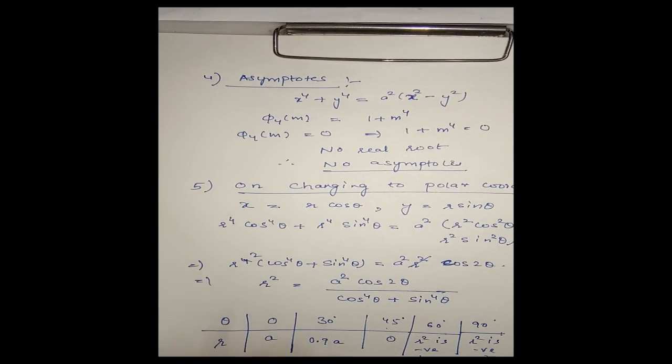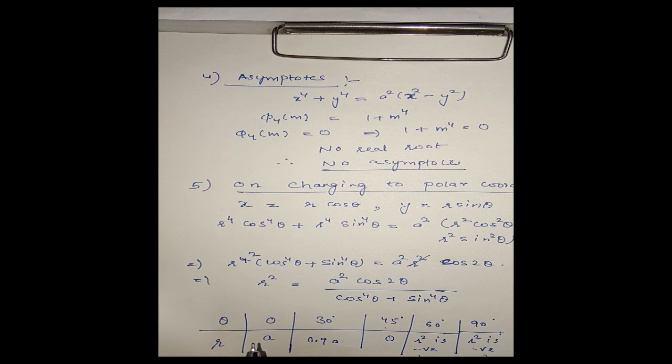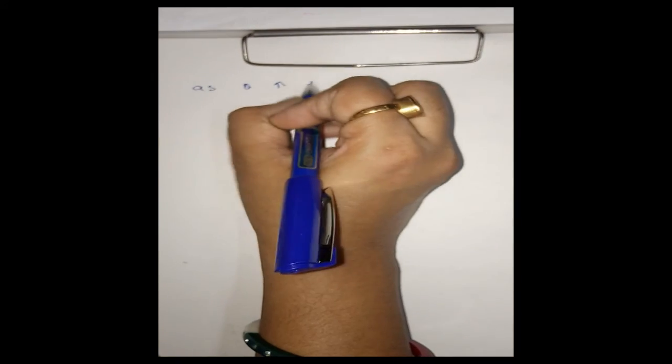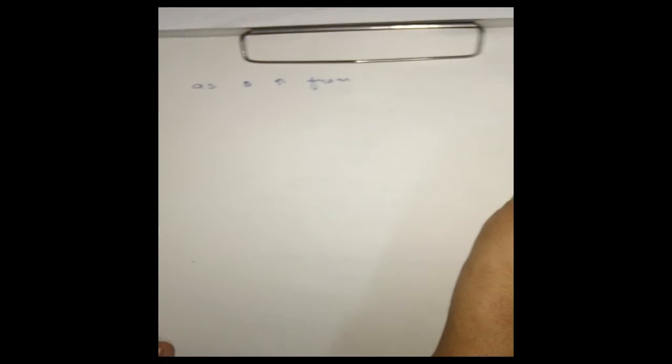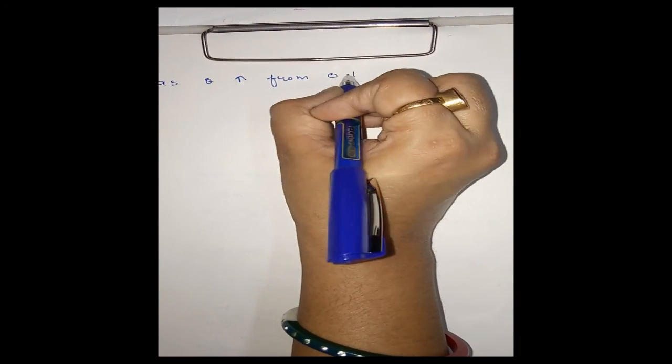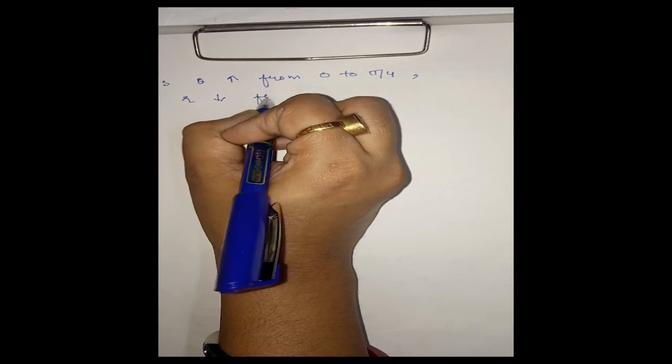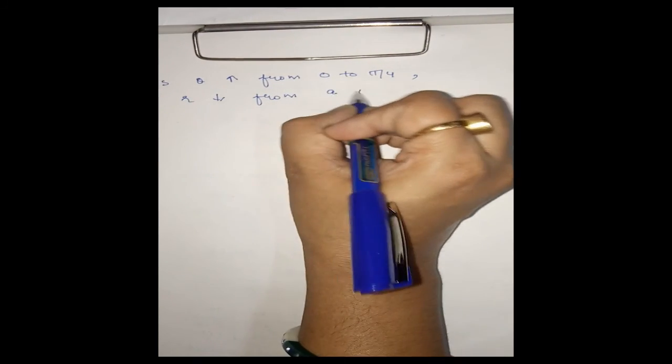We can also say like this: as theta increases from 0 to 45, or 0 to pi by 4, r decreases from a to 0.